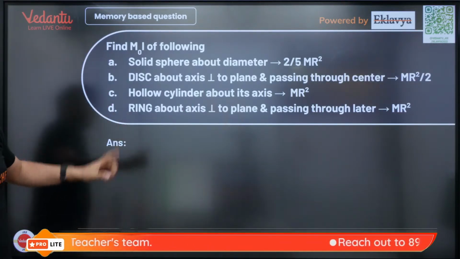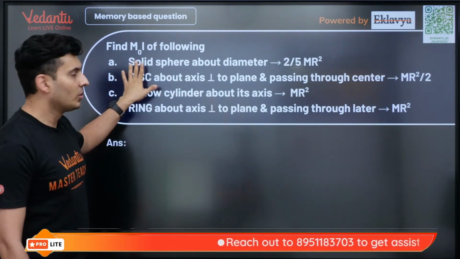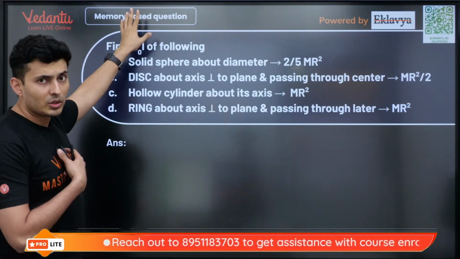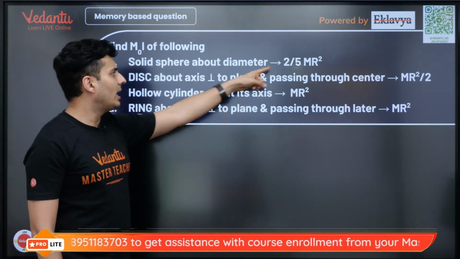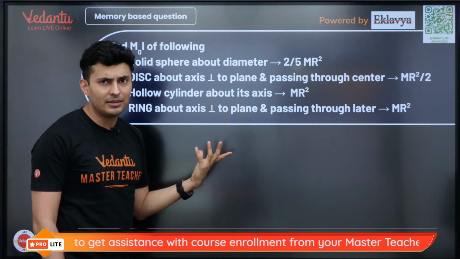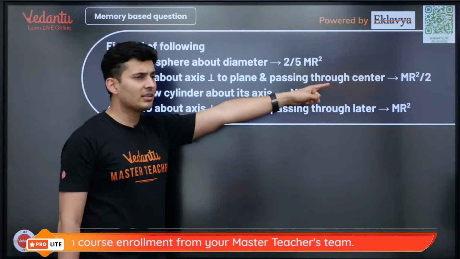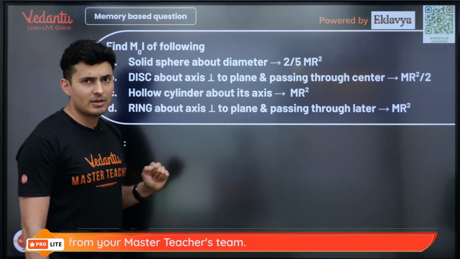Next question. Guys, this was such a direct question. Formula, really, they asked this. I don't know if some other axis was mentioned, but this is what is being told to us because these are memory-based questions. Solid sphere about diameter: 2 by 5 MR squared, standard. Disc about the axis passing through the center: MR squared by 2. Hollow cylinder is nothing but MR squared.